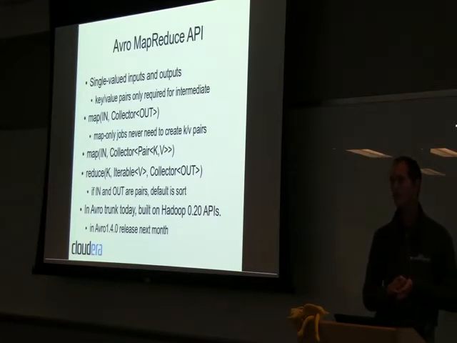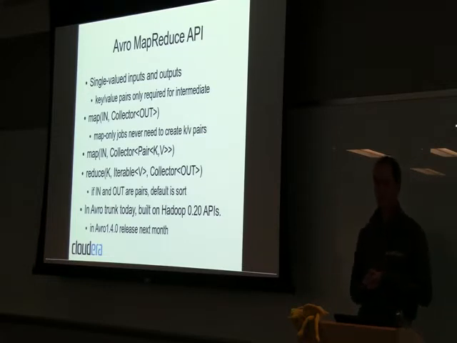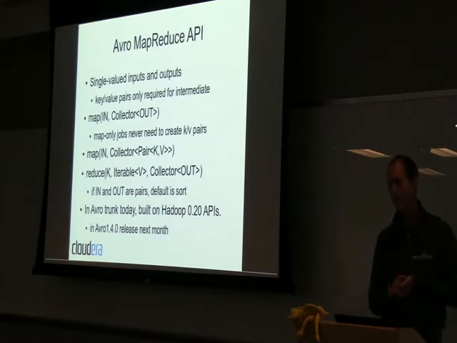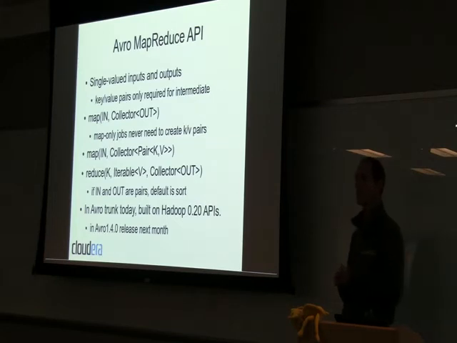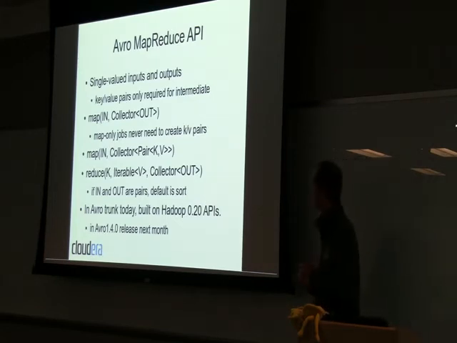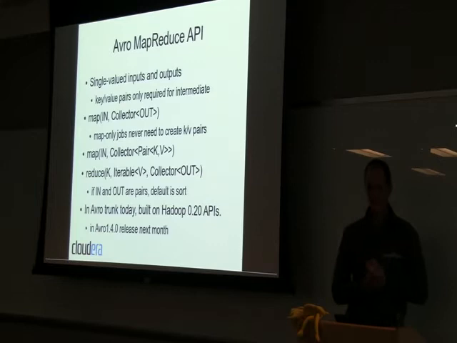So you only need to have key-value pairs for the intermediate data that you pass out of map and into reduce. So roughly speaking, the map signature takes an input object and a collector of output objects. And so if you're doing a map-only job, for example, you never need to create key-value pairs. You can just work directly at that level.